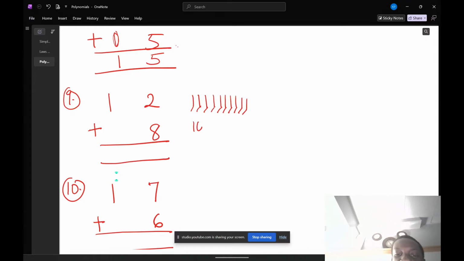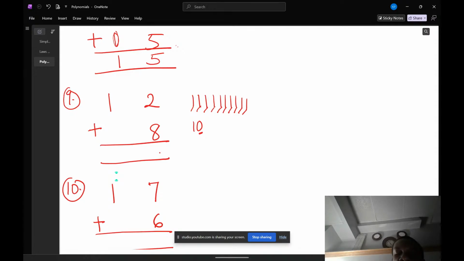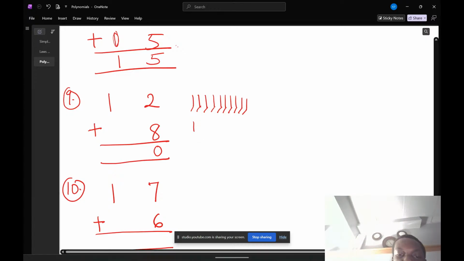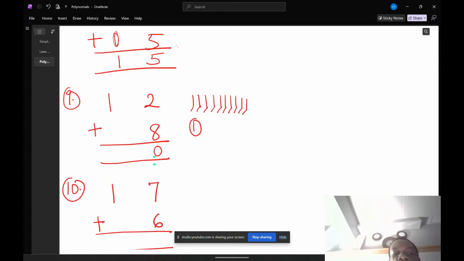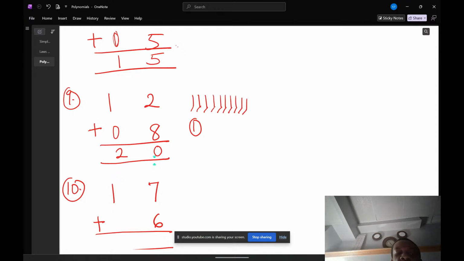Now that we have 10, we write one of these digits in the answer box and keep the other one somewhere else. So we write 0 and we keep 1. Now we have 1 here, plus nothing under, so let's say 0. 1 plus 0 is 1. 1 plus the 1 we kept is 2. So 12 plus 8 is 20.